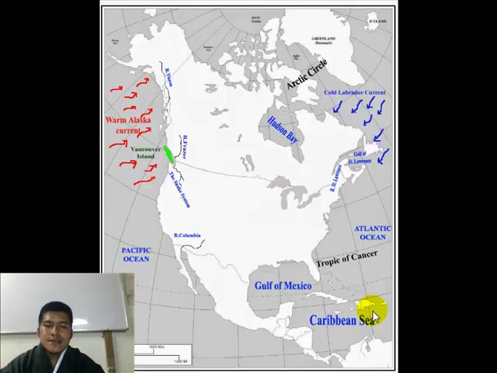Alright, I hope you have shared your answers, and now let us see why it is. It is because they are near to the equator. This area is near to the equator, unlike the tundra of Europe, which is very far away from the equator and this makes it very cold.